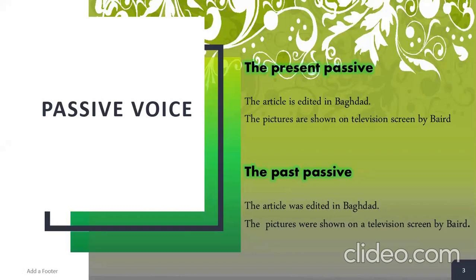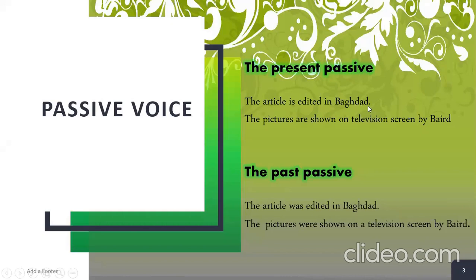The original object becomes the new subject. And after that, we put the verb to be, and we put the original verb in its third form, in past participle form, and we put the complement.